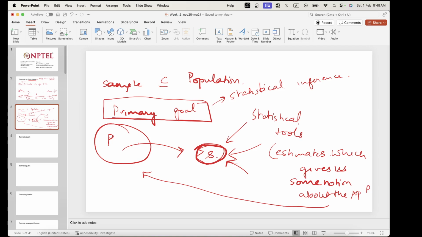But the end point is that we need the sample to be a good sample. This has to be good so that whatever inference we make on the basis of this will be generalizable to the population. Okay, I hope I am clear.